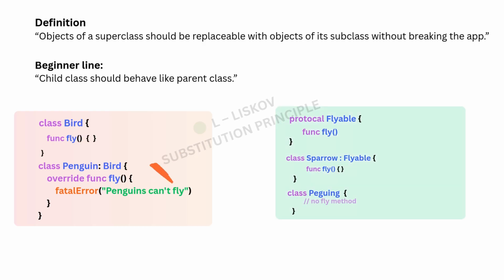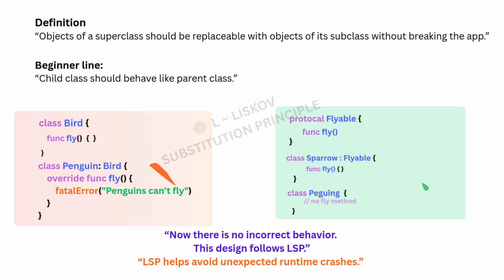So we can avoid crashes and errors, and now we have correct behavior. The design follows the Liskov principle and helps avoid unexpected runtime crashes. This is the third principle in SOLID, and you can compare both examples, left and right, to see which is correct and which is wrong.